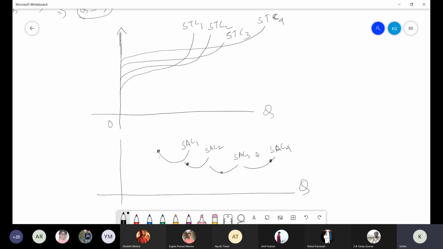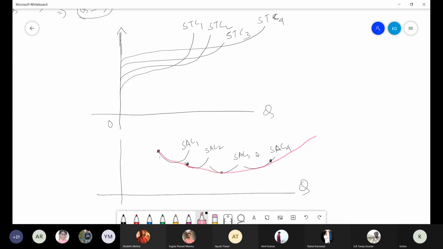So if you consider all together these 4 years, suppose first year here, second year here, third year, fourth year, and join those points, you are getting a line. This diagram is not very good, but in that way you are getting a line.